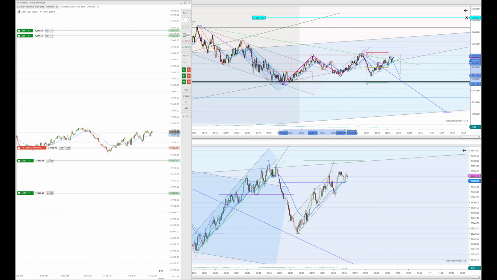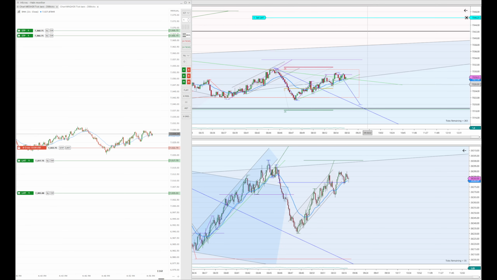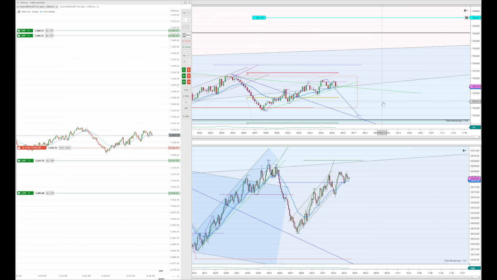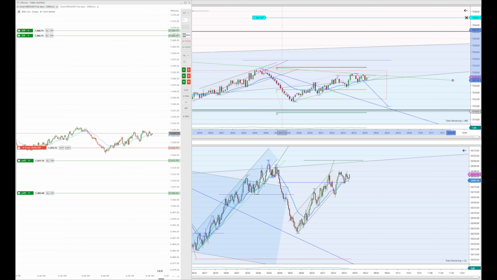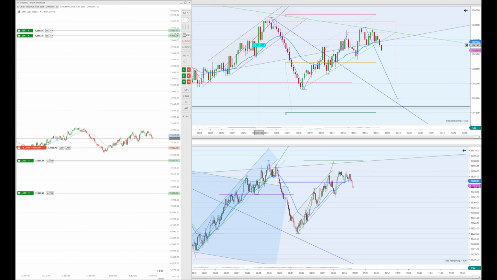The bad news is that we also have this second short here, followed by another second short, but I would still expect a leg down. Alright, so it's finally triggered.